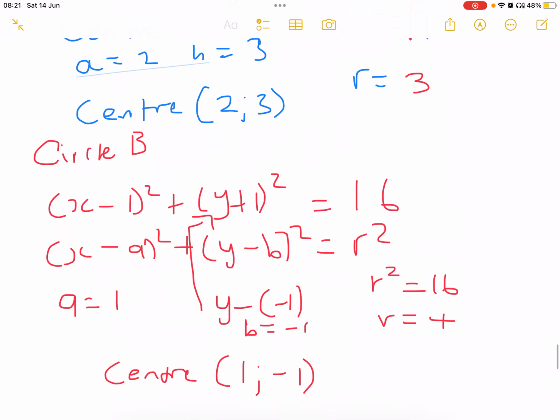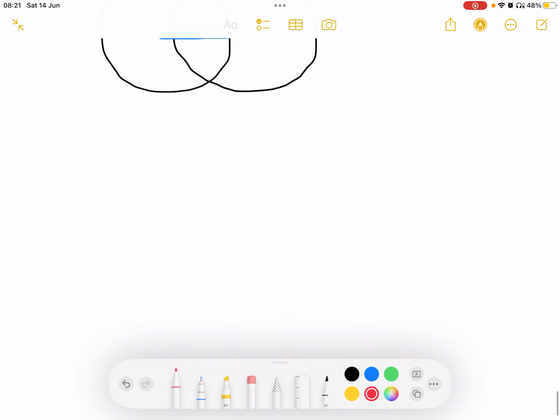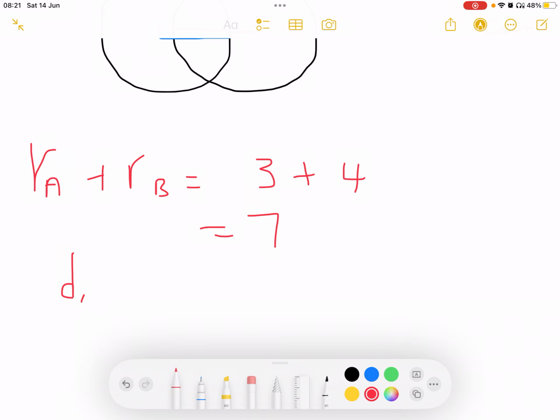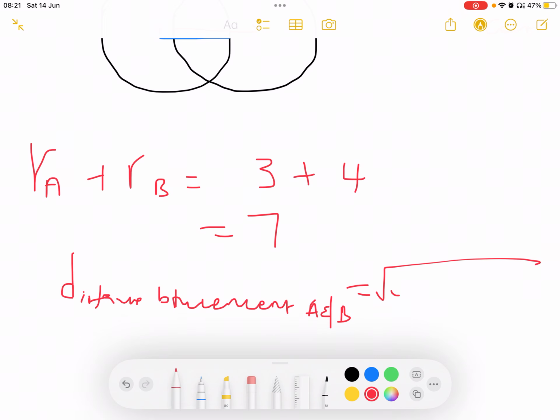We will need to start by adding up the two: radius A plus radius B. Radius A is 3, radius B is 4, which gives us 7. Then we must calculate the distance between the centers of A and B using the distance formula: the square root of (x2 − x1)² + (y2 − y1)².